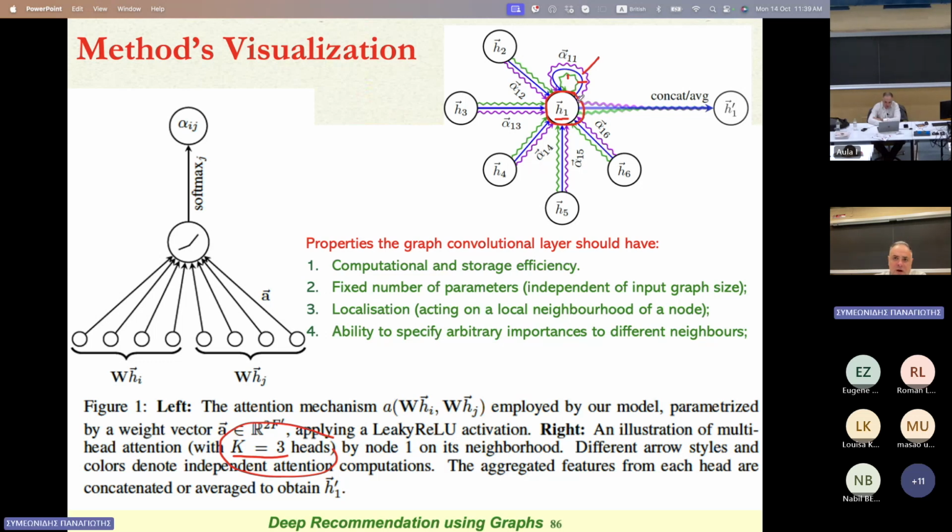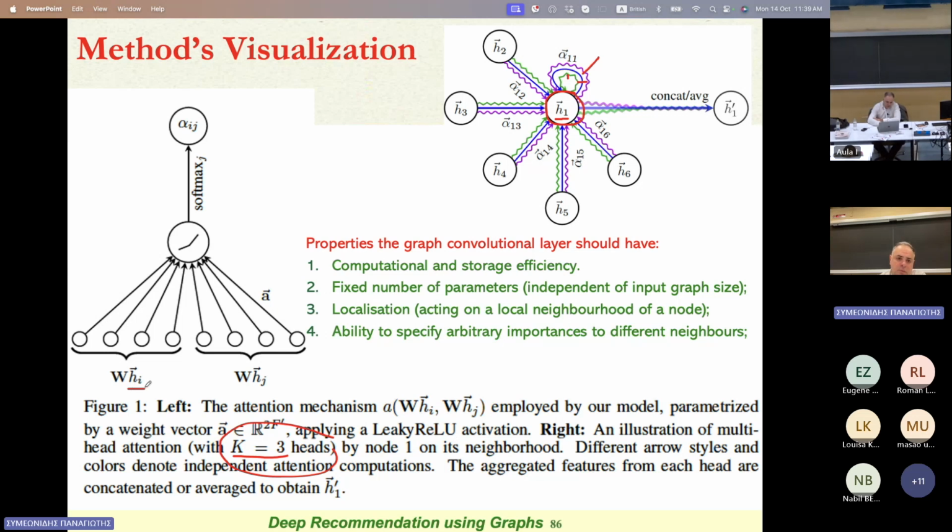And of course, there is also the fact that there is an incoming link also to the target node itself. Okay. So this is the outgoing incoming link for it. Here you can see the target node HI.